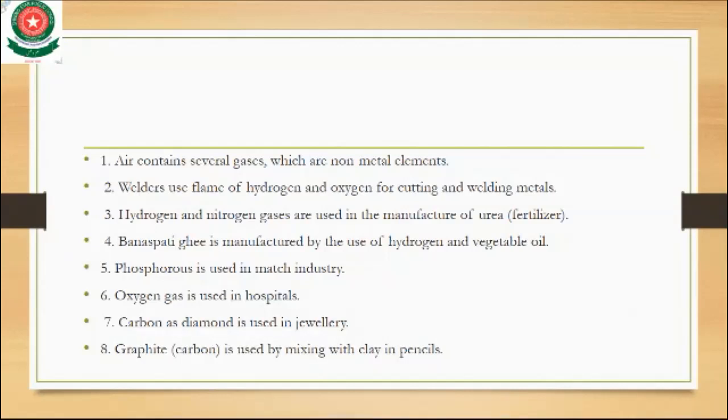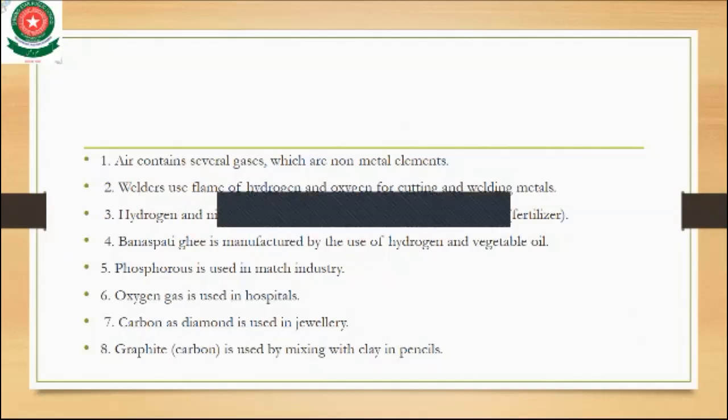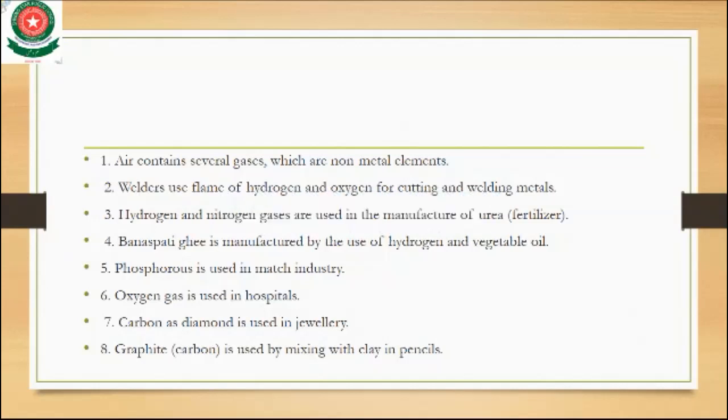Okay, I will repeat these uses of non-metals. First is air. Why is air a non-metal use? Because it contains several gases which are non-metals. Next, welders use hydrogen and oxygen flames for welding.